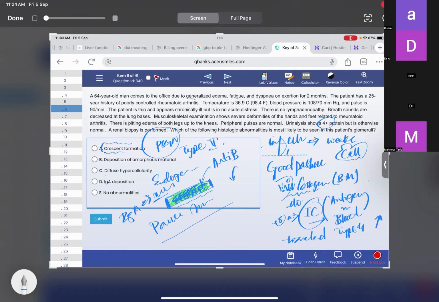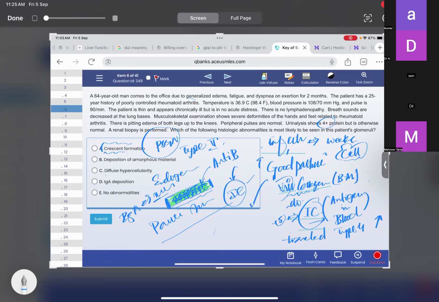Some of the antibodies react with the basement membrane, so it is type 2 as well, and the immune complexes forming are type 3, okay? So for you to remember, PSGN is type 3, okay? Thank you. So what about Goodpasture?